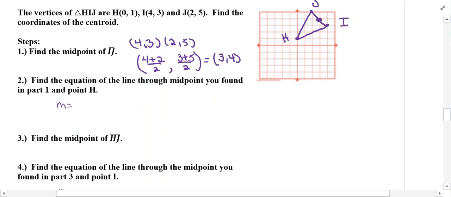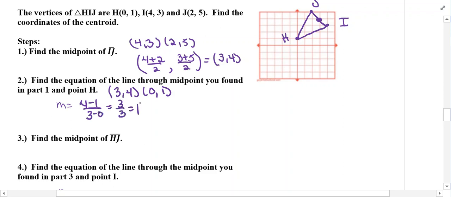Then find the equation through the midpoint you found, which is (3, 4), and point H, which is (0, 1). So it's the vertex that's opposite it. So the first thing we have to do is find the slope. So 4 minus 1 over 3 minus 0 is 3 over 3.